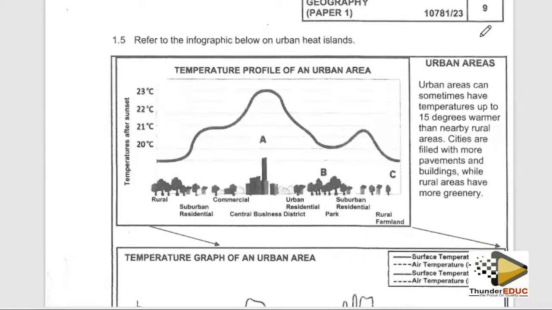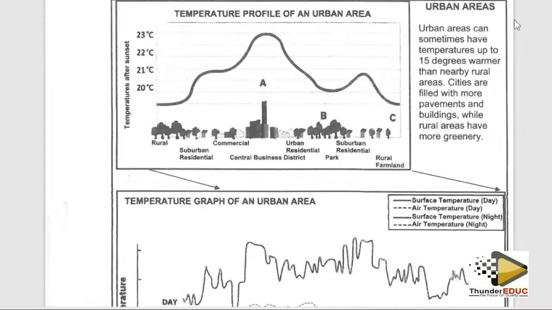Question 1.5, it says, refer to the infographic below on urban heat islands. As you can see, this is the graph, also they can call it urban profile, showing the different land use zones where we have the CBD, the commercial area, the suburban residential, the rural areas, urban residential once again, suburban residential, the park, and the rural farmland.